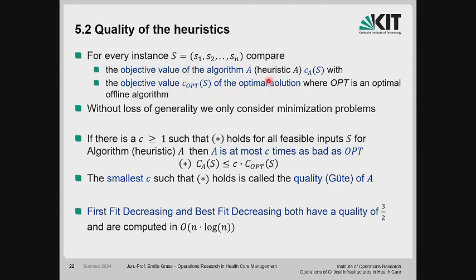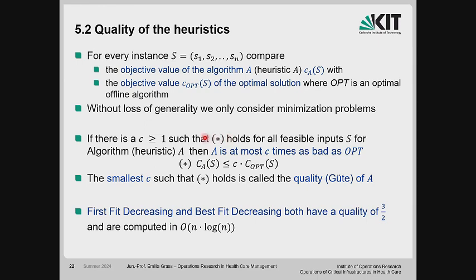Here we have this upper bound for the worst cases. The heuristic solution provided is at most C times worse than the optimal solution. So if the optimal solution gives us 10 operating rooms, and the quality of your heuristic is, let's say, 2, that would mean that if you use the heuristic, in the worst case, it will give you 20 as a result.